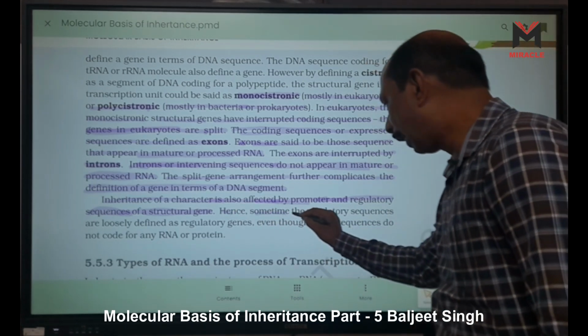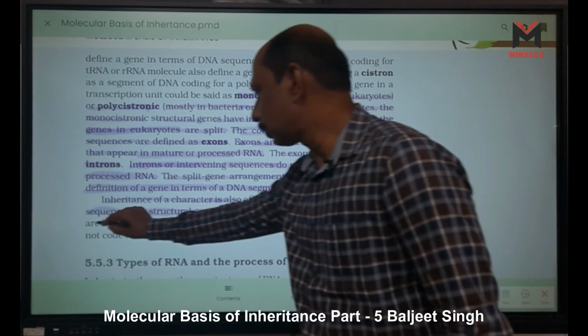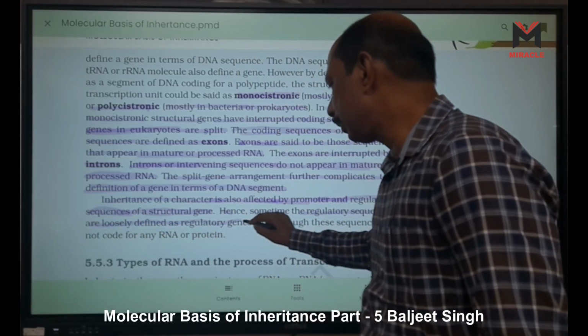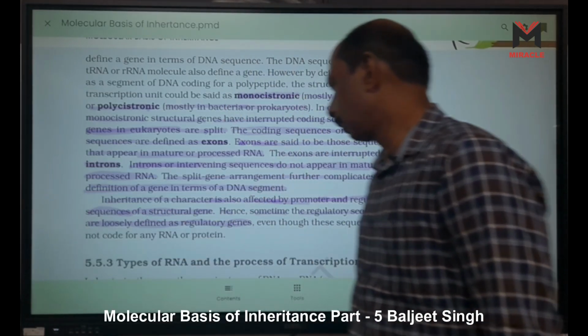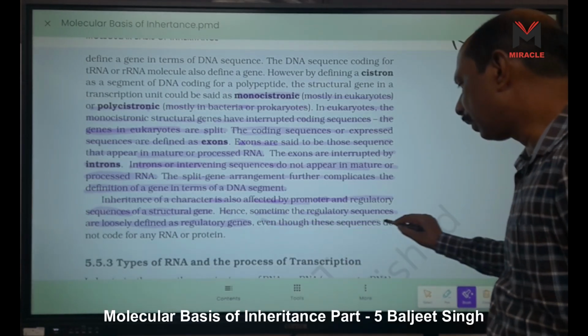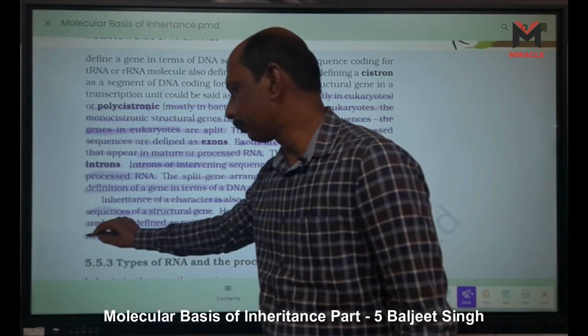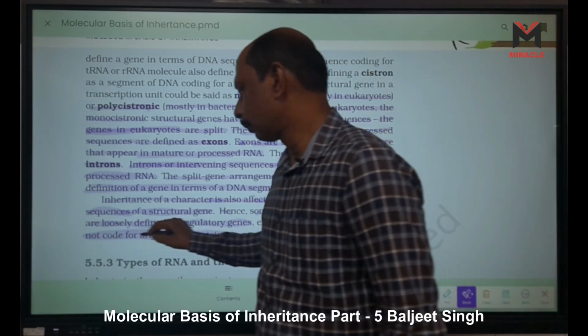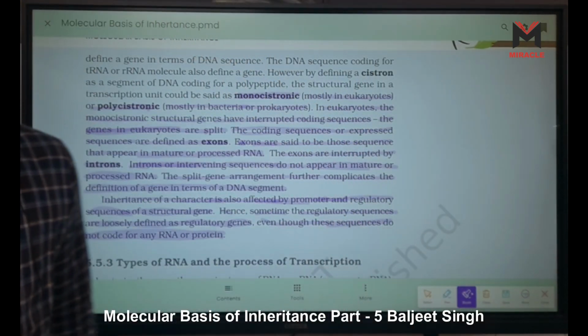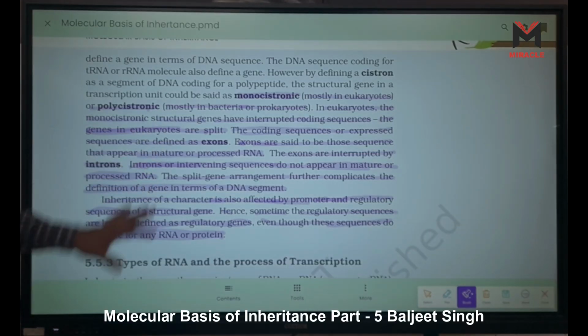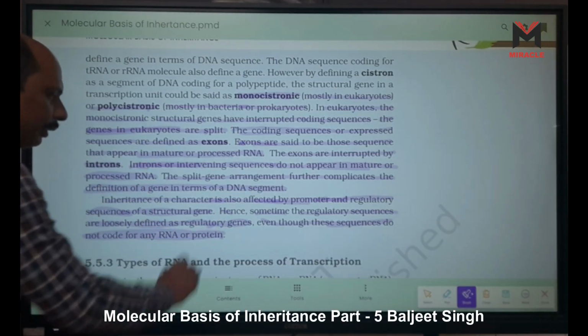Hence, sometimes the regulatory sequences are also loosely defined as regulatory genes, even though these sequences do not code for any RNA or protein. But they are also defined as regulatory genes.